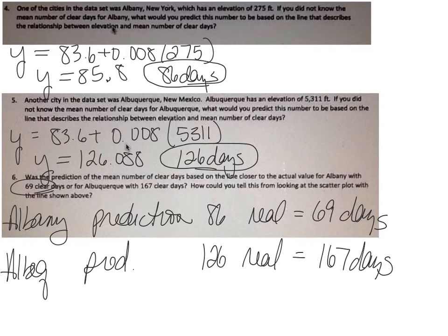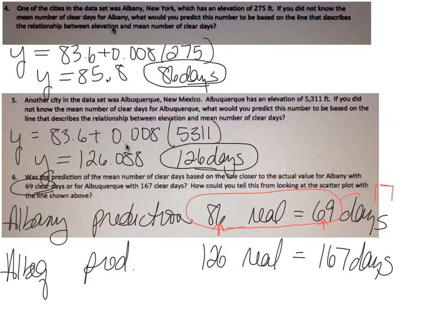So if we're analyzing that, really what this is going to show is the distance from the predicted line to the real dot. Okay? So for Albany, the distance between the predicted line and the real dot is 17 units.